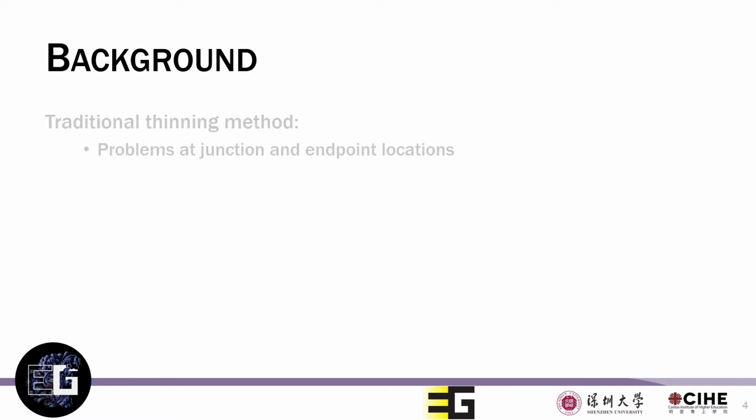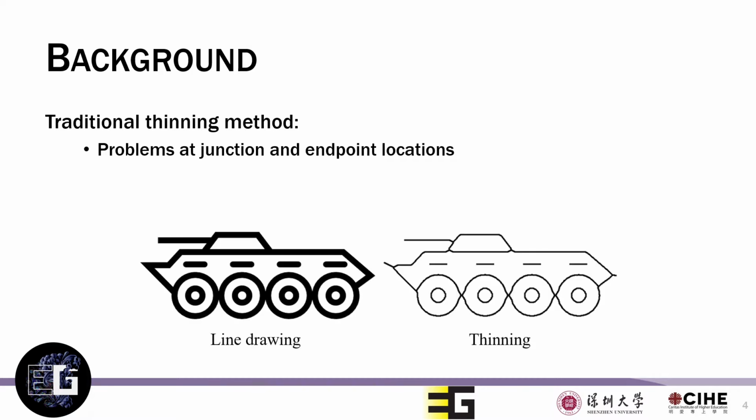A simple but commonly adopted method to get the center line is using the thinning algorithm. However, the output of thinning algorithm usually can't express the actual geometry of the raster line inputs, as shown in the red box. The root cause of the problem is the design flaws in the original thinning algorithm.